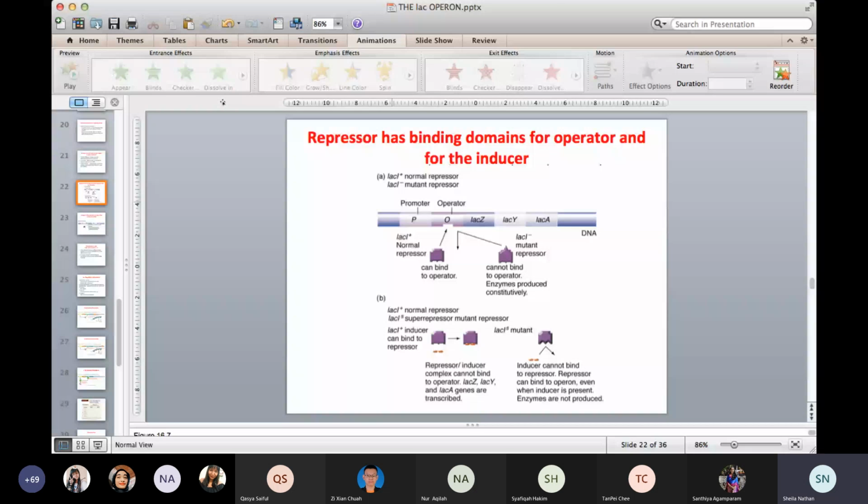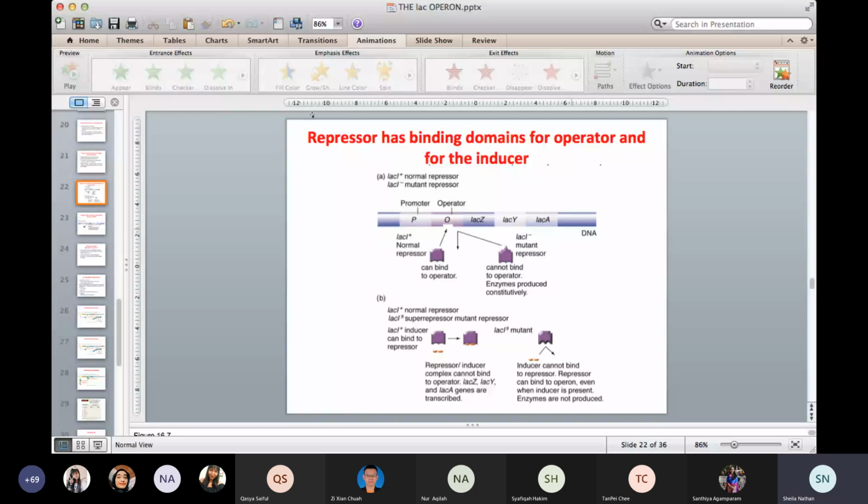So the three enzymes will be produced constitutively. They will be produced even though there is glucose in the cell. Do you understand? Even if glucose is present in this bacterial cell that has a Lac I mutant, the repressor molecule now cannot turn off transcription of the Lac Operon.